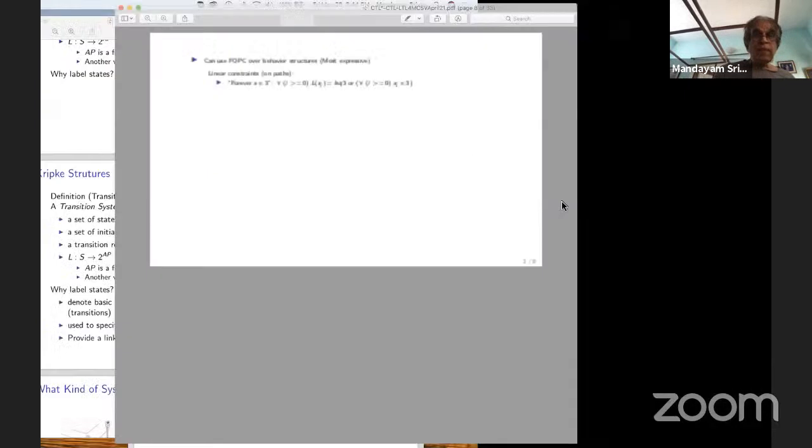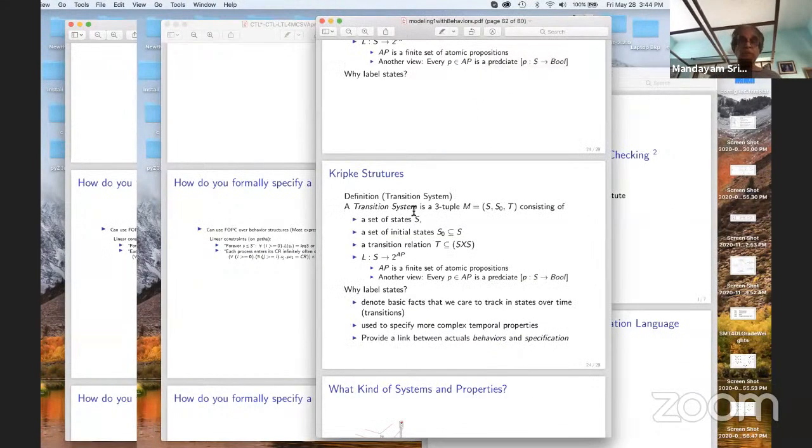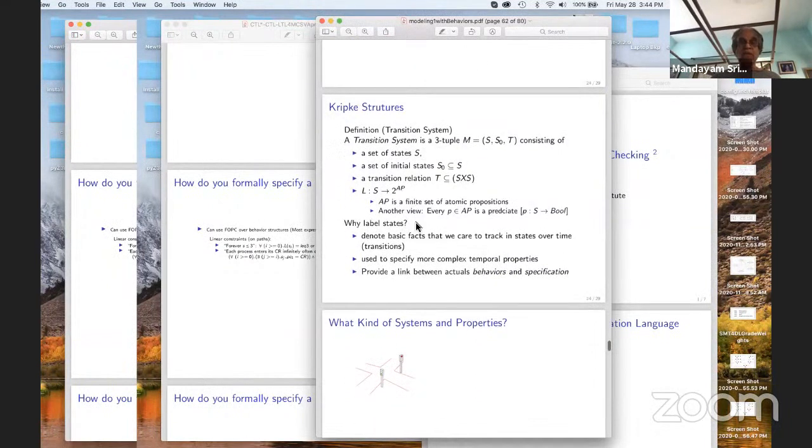Now, just to see what you remember, this Kripke structure, correct? It has the transition system plus the labeling function. Now, I've indicated to you that we will assume, at least for the purpose of this course, that we are interested in analyzing only finite transition system Kripke structures, whose universe of states is finite.